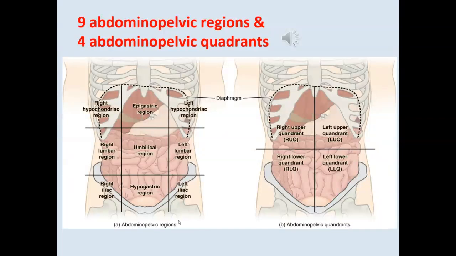The word quadrant just means a quarter of something. So simply right upper, left upper, right lower and left lower. That's pretty easy. These quadrants are used in medicine. I don't know of these regions being used in medicine very much.